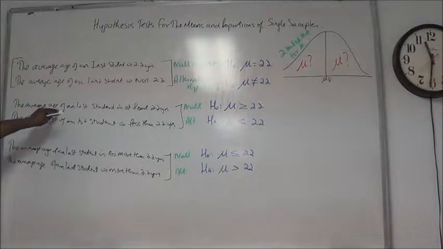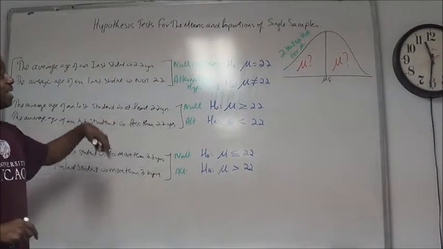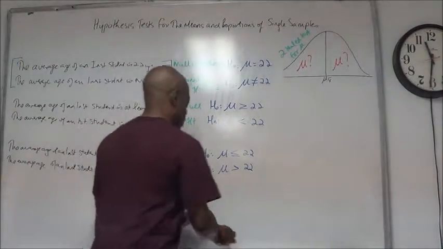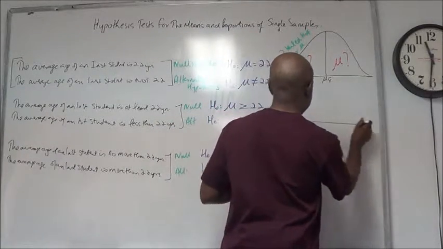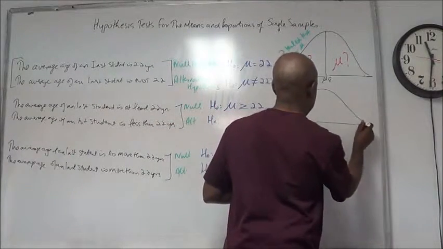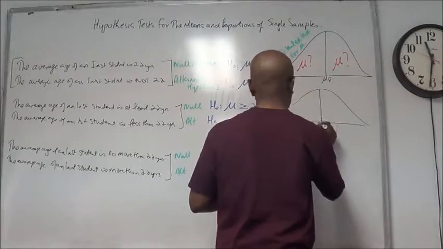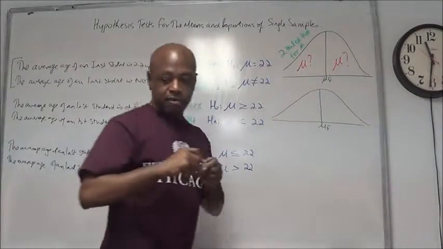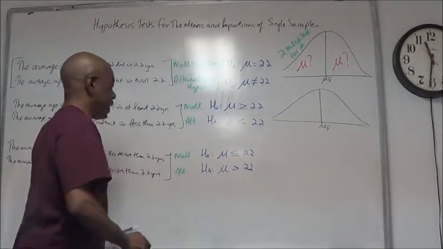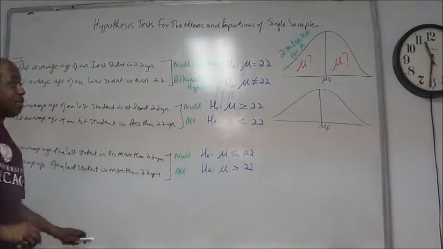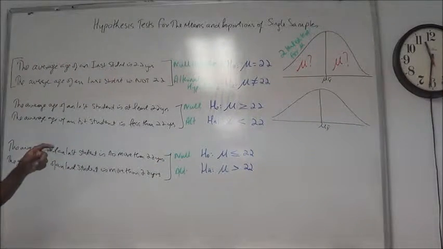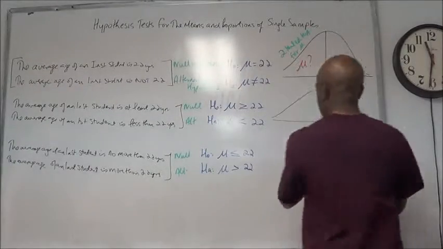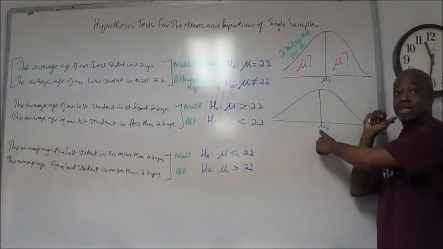In the second one, he said that the average age of an institute student is at least 22. So, he's really saying this, right? The average age of an institute student is at least 22. He's saying that the average age falls where? To the right. That the average age falls from here to the right.